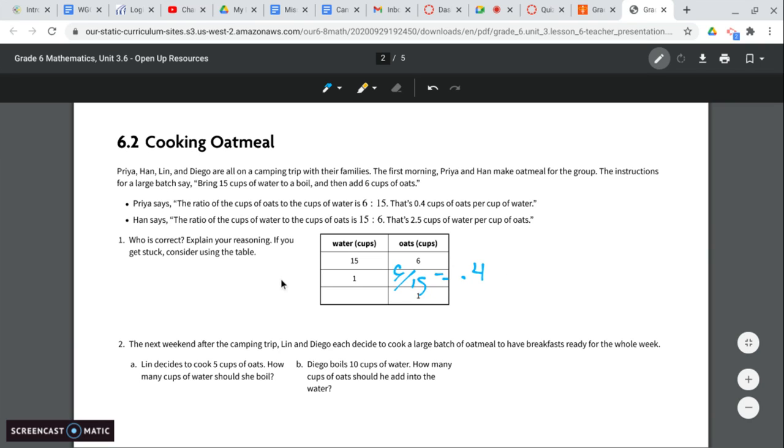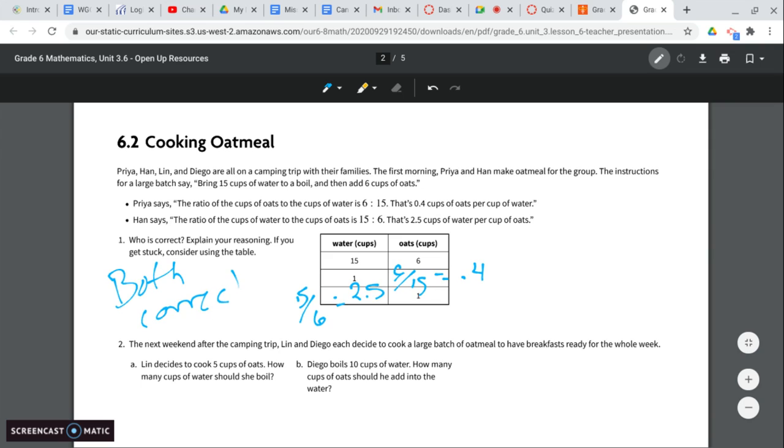Now, ignoring this middle line for right now, going from 6 to 1, how do we do that? Well, we divide by 6. So we take 15 and divide it by 6, which, guess what, gives us 2.5. So per cup of oats, there's 2.5 cups of water. So they're both correct.